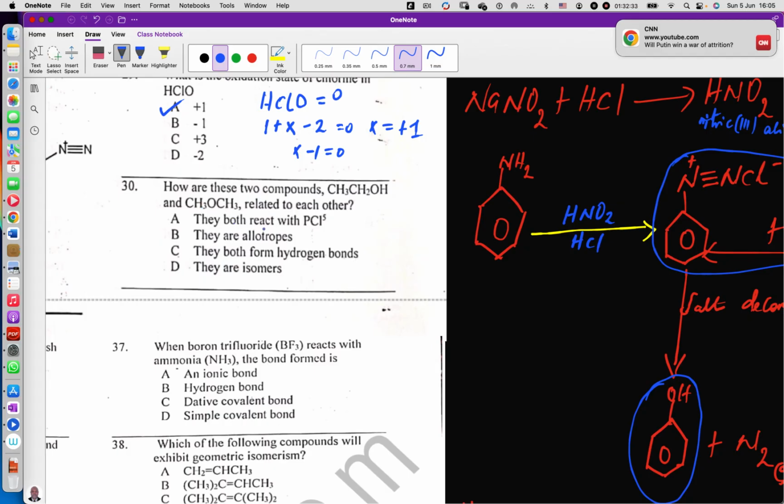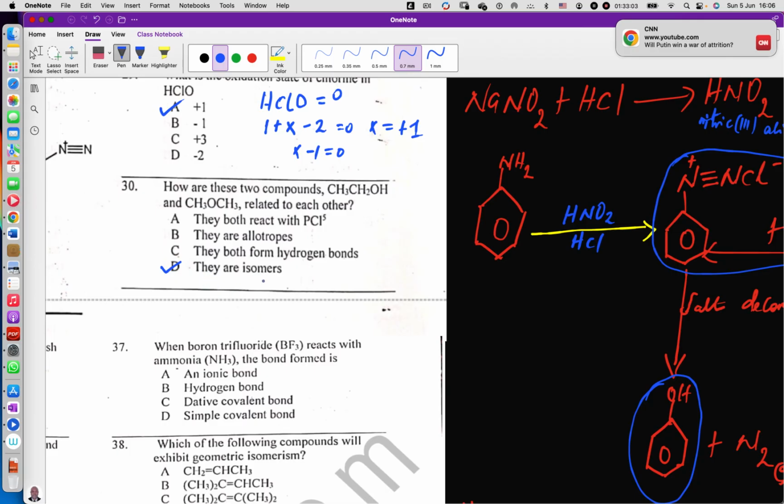They have 2 carbons, 1 oxygen, and 6 hydrogens. They have the same molecular formula but different structures. So they are not allotropes. They are isomers.